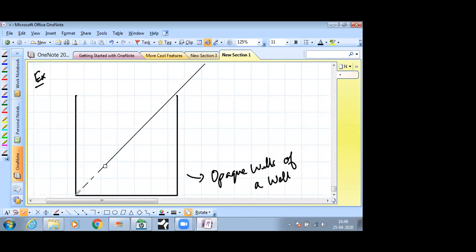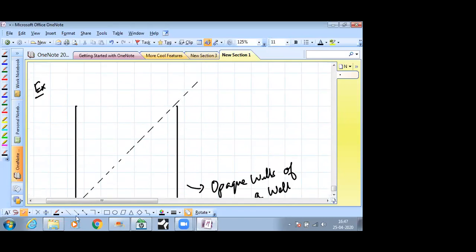So this dotted line actually represents the line of sight for an observer's eye. Some kind of an observer who's present over here. This is his line of sight.